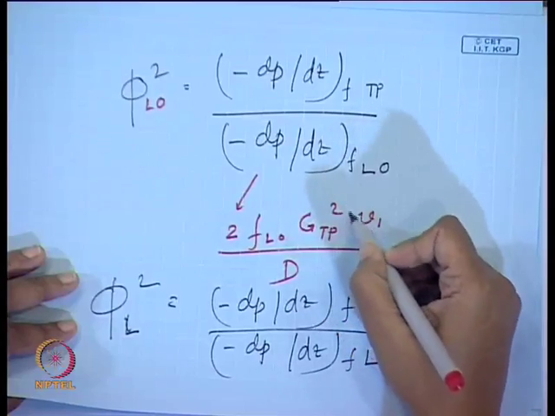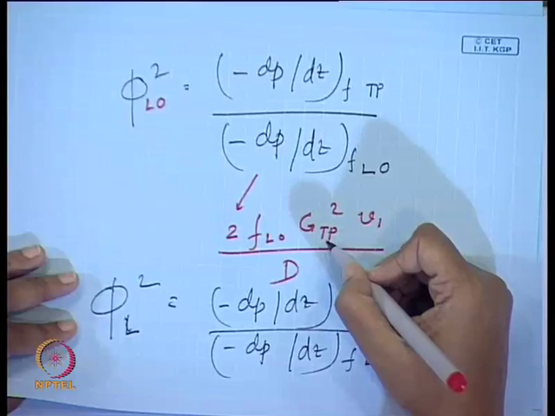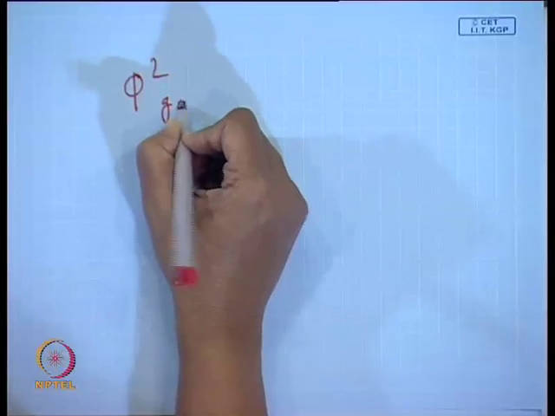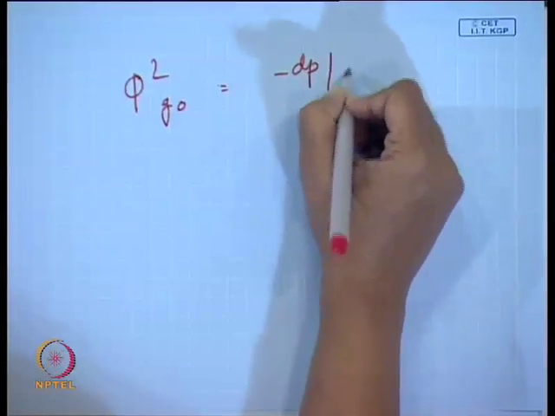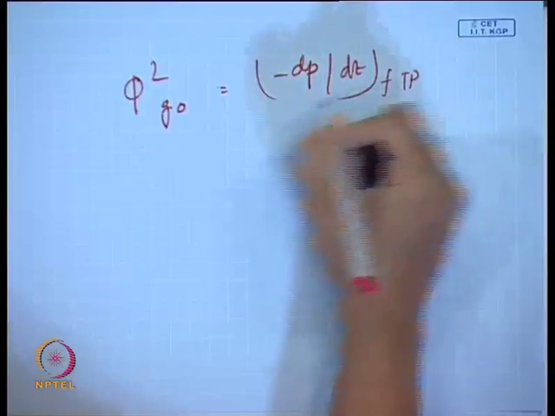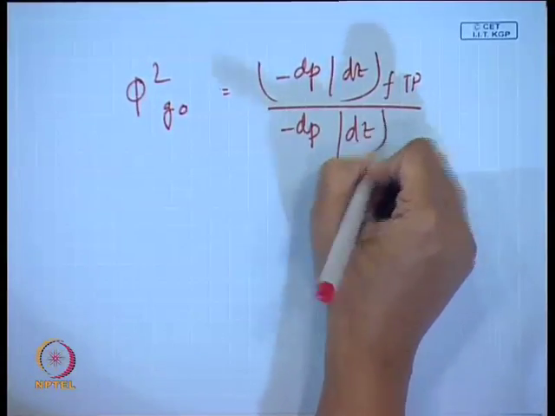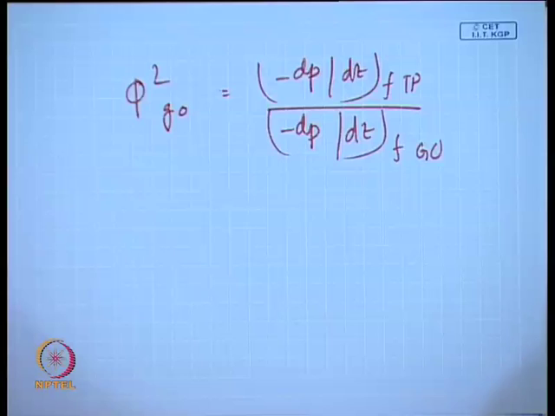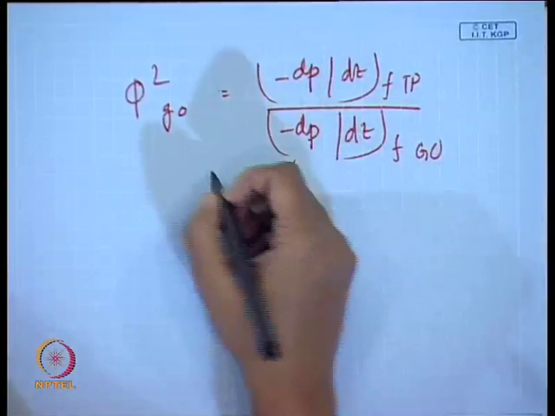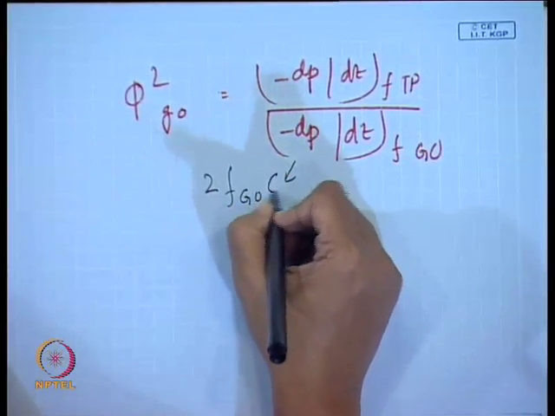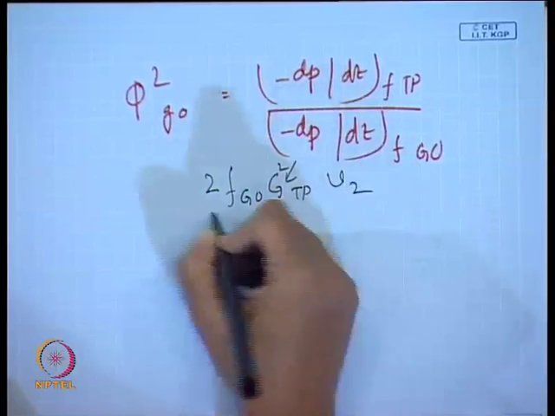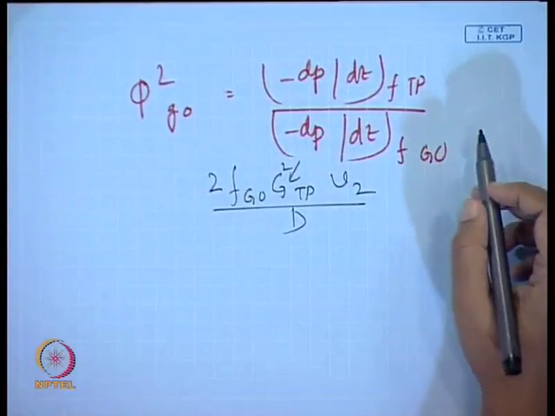When the entire mixture flows as liquid, the whole mass flux has to be included. Similarly, for gas flow rate, phi square GO will be minus dP dz frictional two phase by minus dP dz frictional for gas only, where this term will be 2 F_GO G square Tp V2 by D. Is it correct?